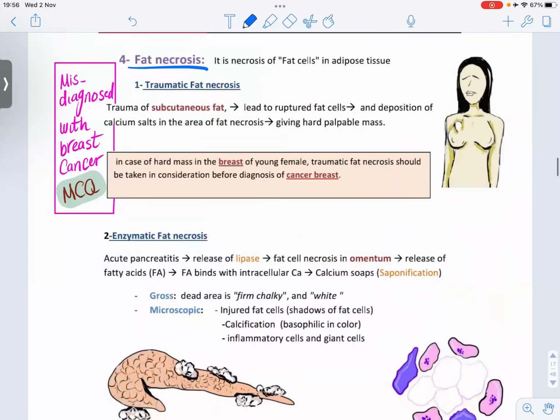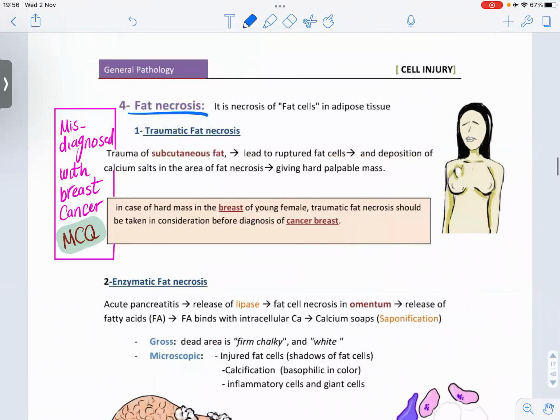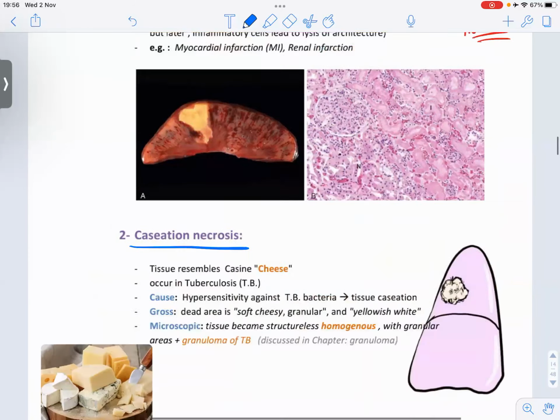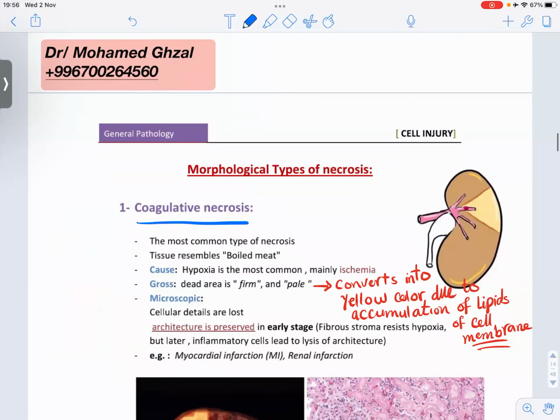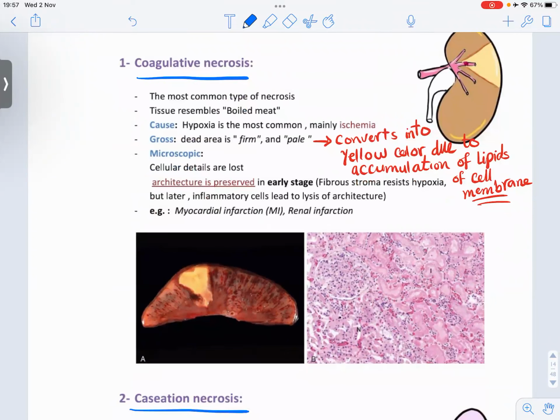So four main types of necrosis, and the fifth one we don't consider like necrosis. In each type, we have to know three things: the cause, the shape, and an example.